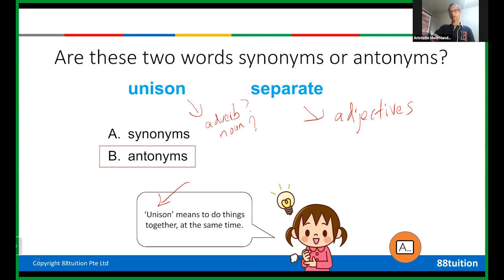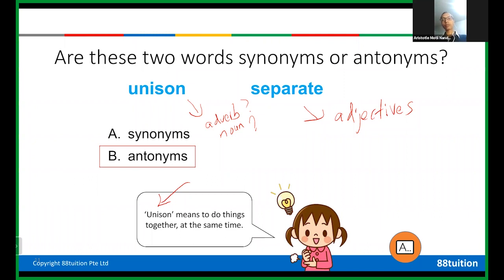Let me take my phone and go to Mr. Google. This is how we do it if we want to be sure. Go to Google, or you can have a dictionary.